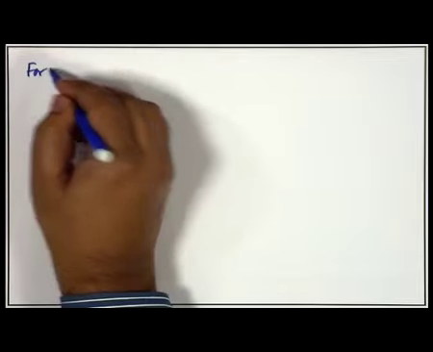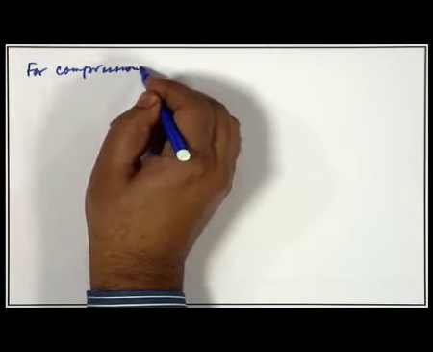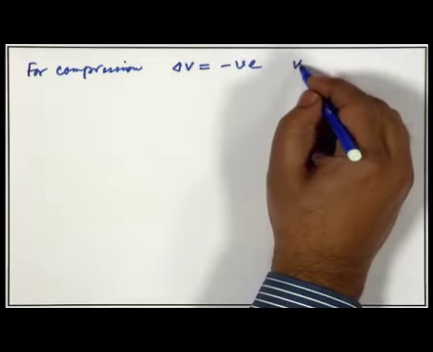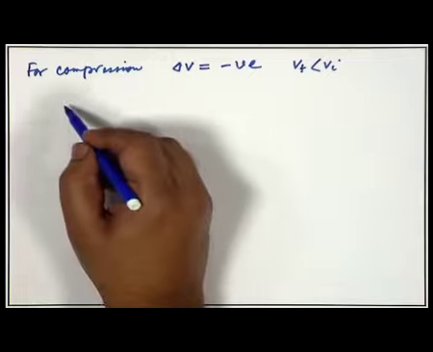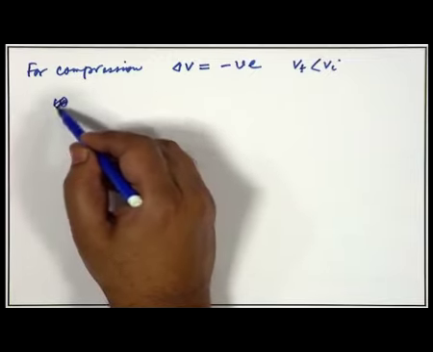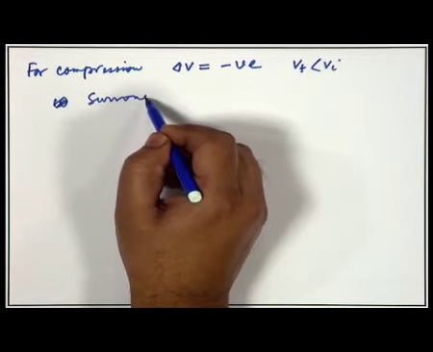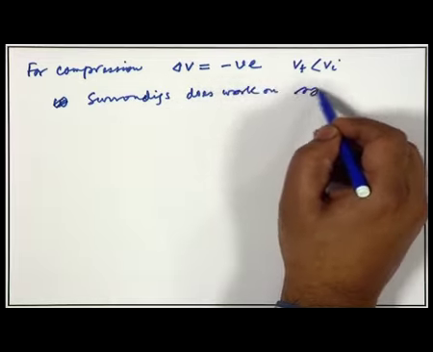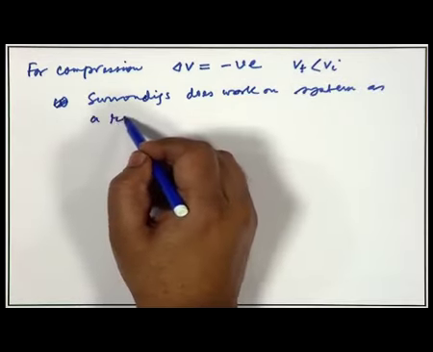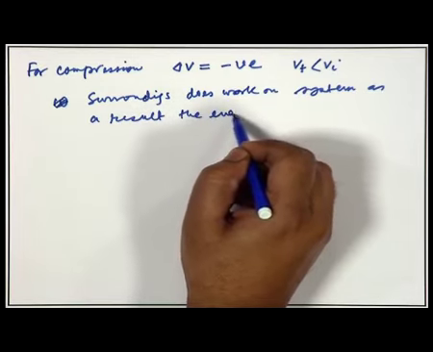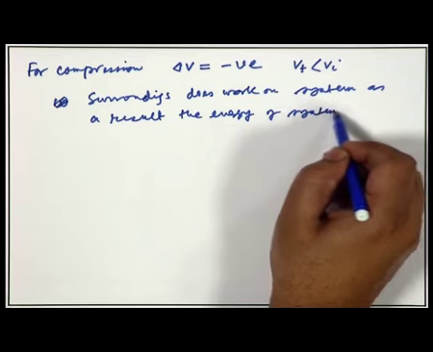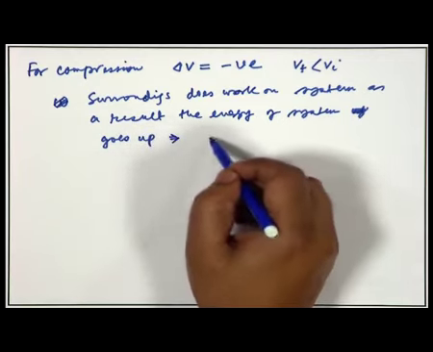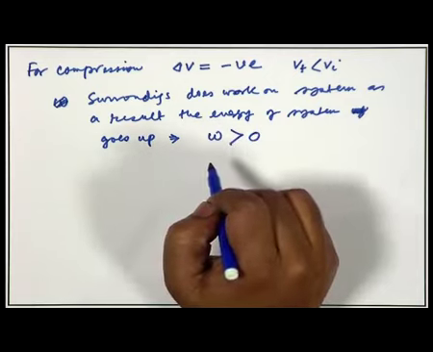So, for compression, del V is negative because V final is less than V initial, and in this compression case surroundings does work on system, as a result the energy of system goes up or increases, which indicates that W should be a positive number because there is an increase.